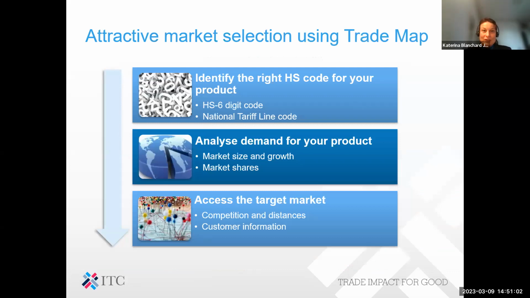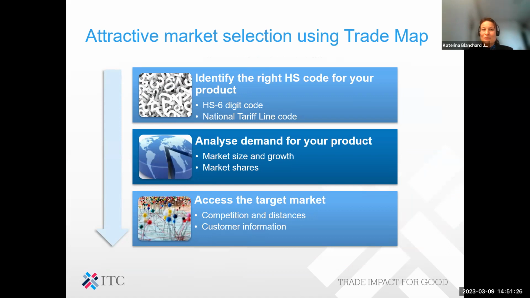When we do our tour through the trade map, it is very important to identify the right HS code for the product. The system, or the database, is very user-friendly. You can either type the name of the product, or if you know the code, you can directly write the code, or you can select the code from the menu.